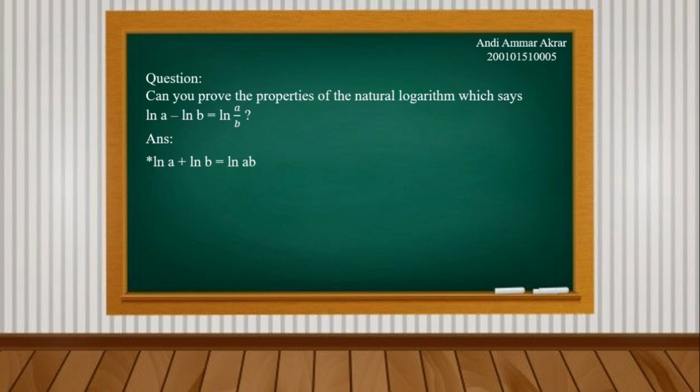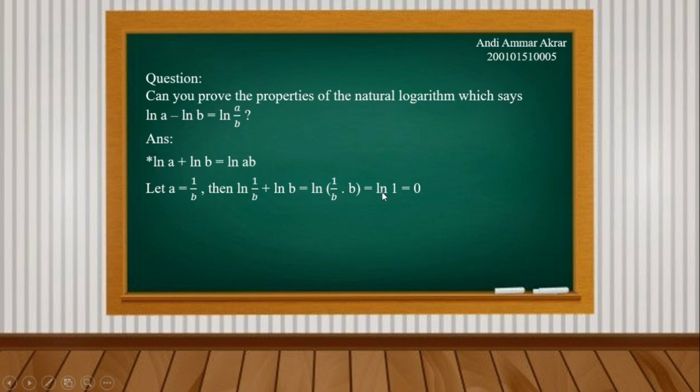If I make the example of A equals 1 over B, then I will get the form ln 1 over B plus ln B. Based on the property I mentioned earlier, ln 1 over B plus ln B will be the same as ln of 1 over B times B, in other words ln 1, because B over B is 1.